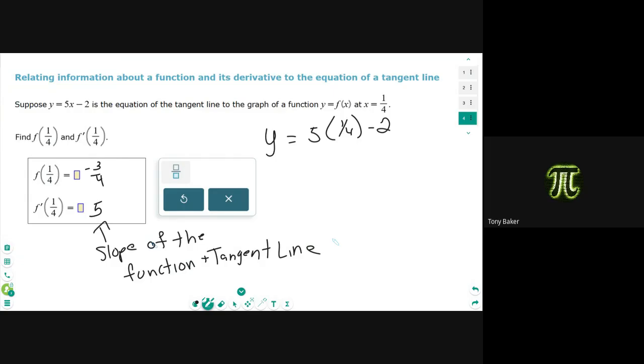All right. Does that make sense? Okay. A lot of this is literally trying to get that concept of what the derivative is.